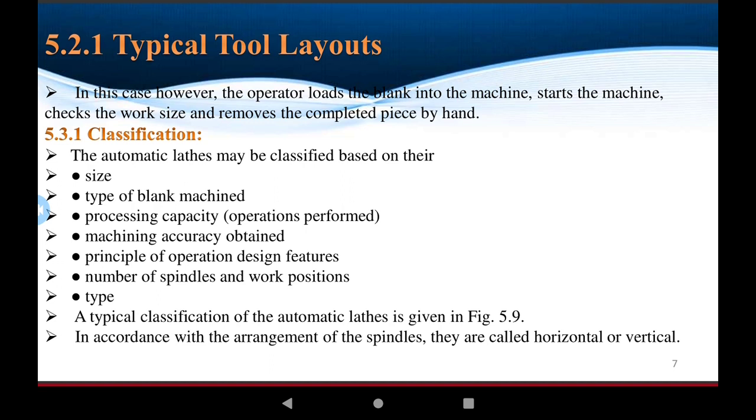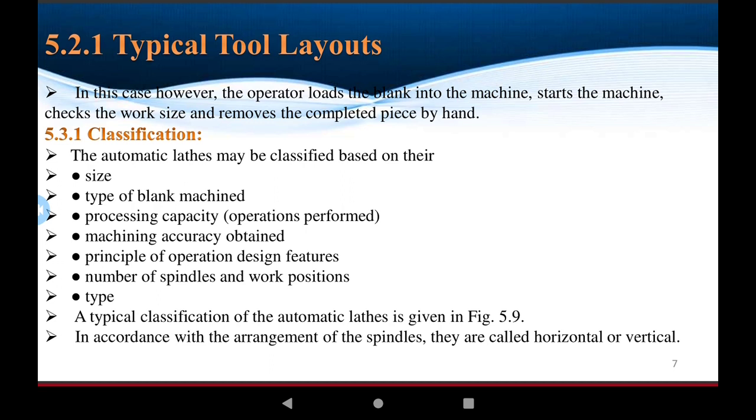The classification by machine size is small size and big size, and the second type is blank machines.